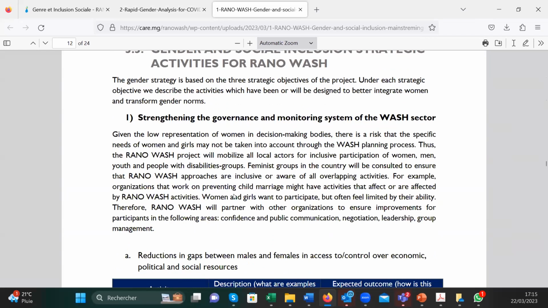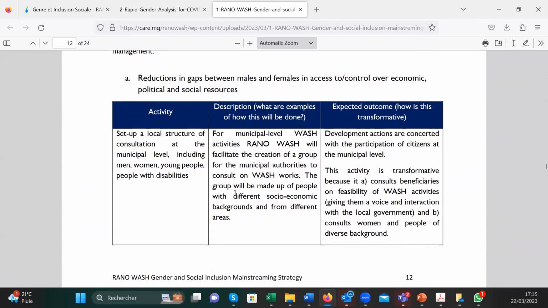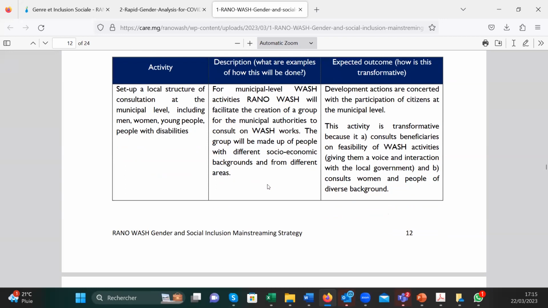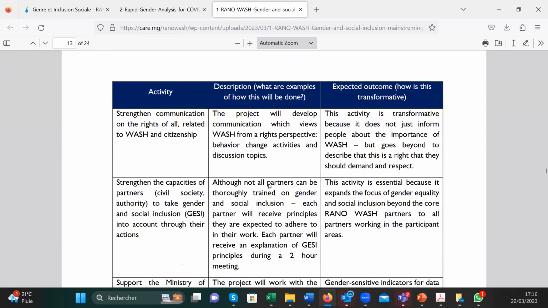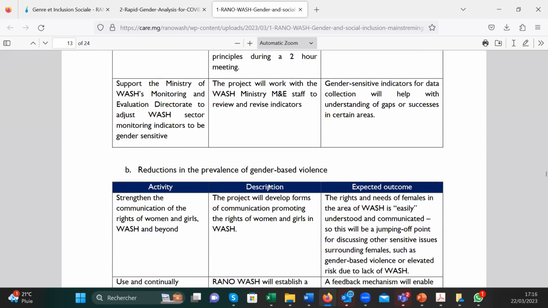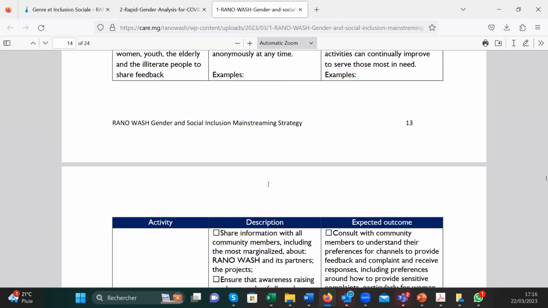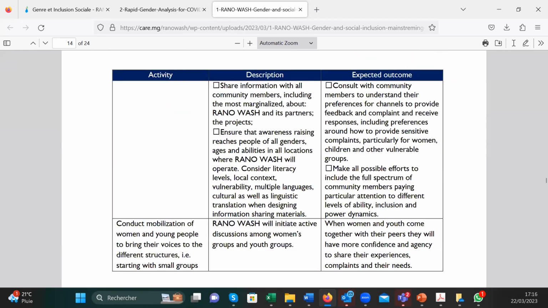For example, how to consider gender and social inclusion, and you can see through this board the activities and expected outcomes, and it's the same for the engagement of the private sector, how to consider gender and social inclusion in the engagement of the private sector, what type of interventions.